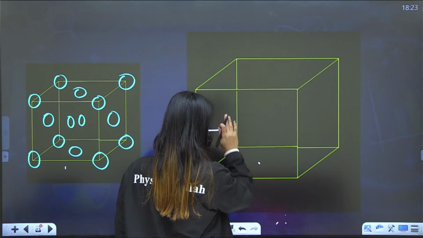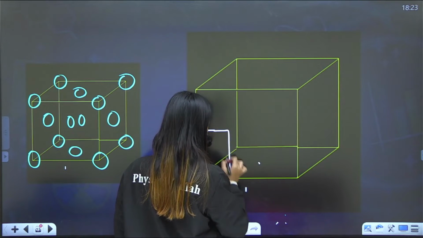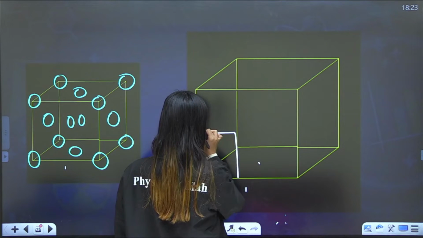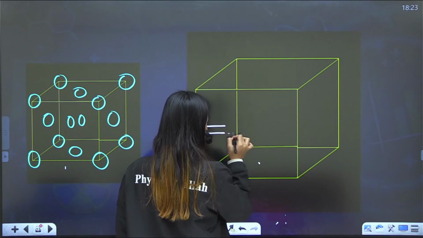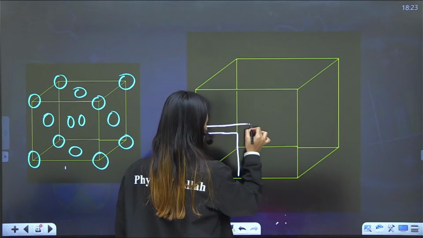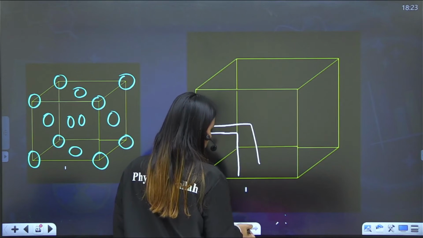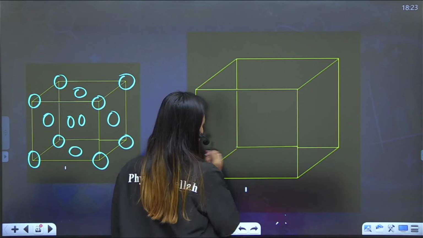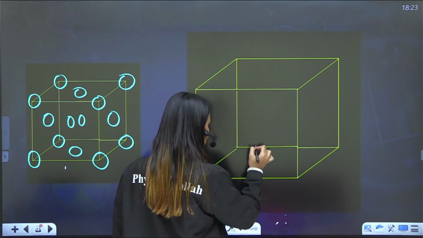This would be the center again. Then like this, then like this. You know my drawing, I'm sorry. I'll make it again. So this is the center.